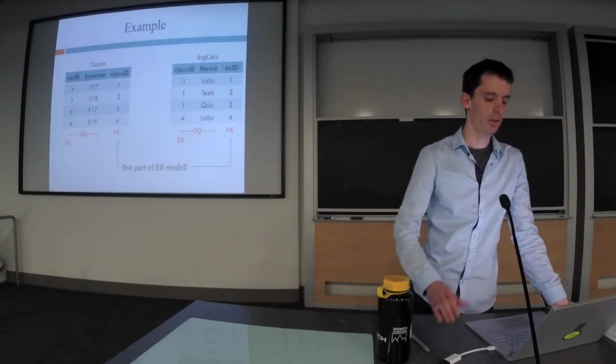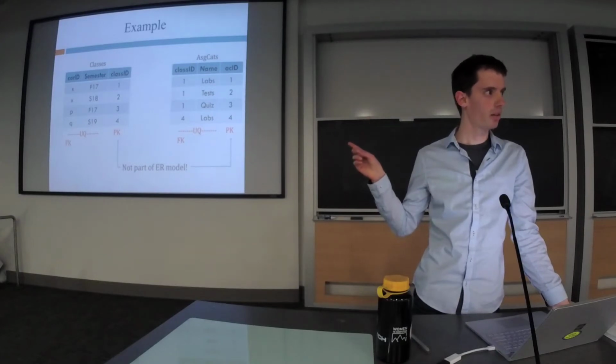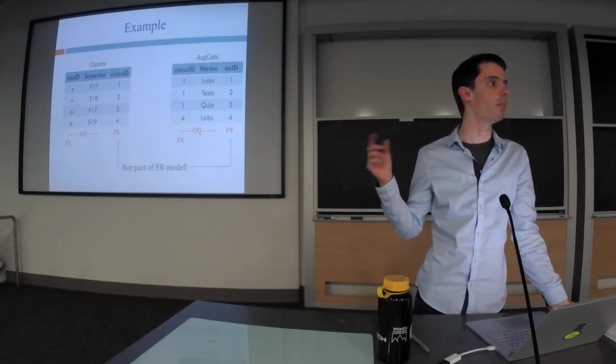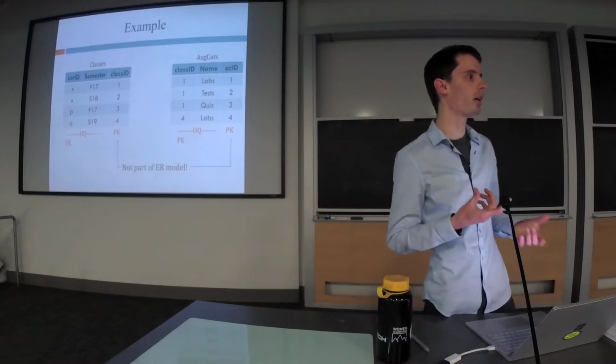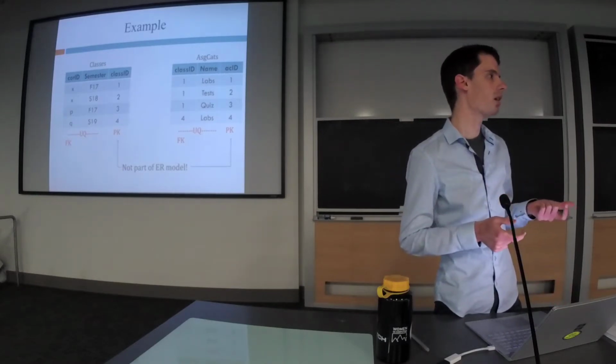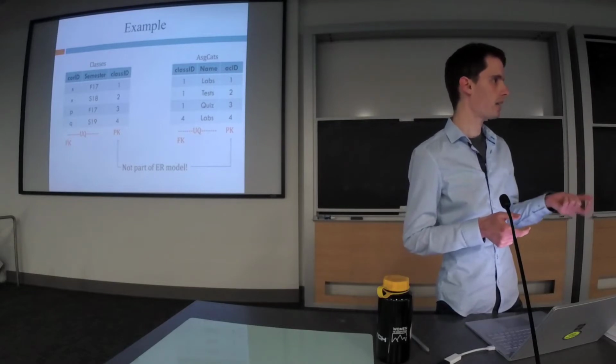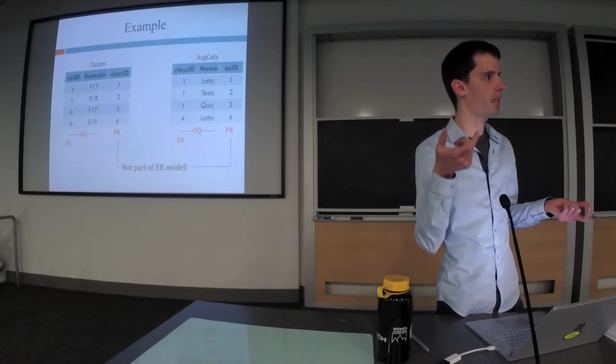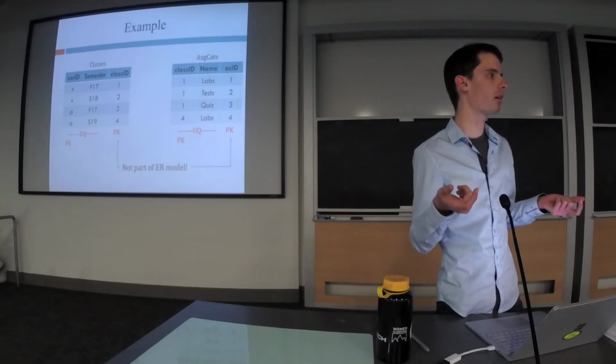So could you do this in the ER diagram? No, because then there's no way of showing in the ER diagram that the combination of something from entity A plus something from entity B needs to be unique.